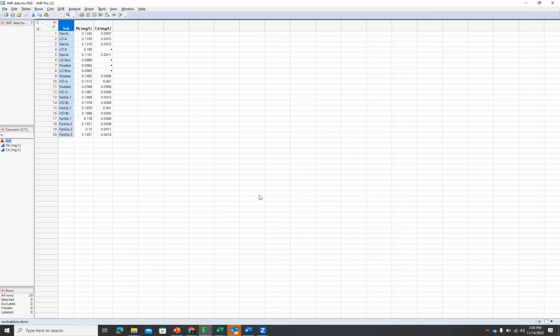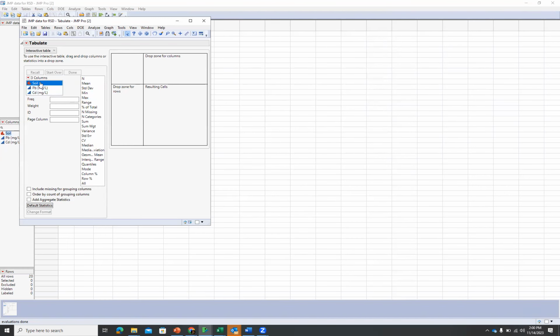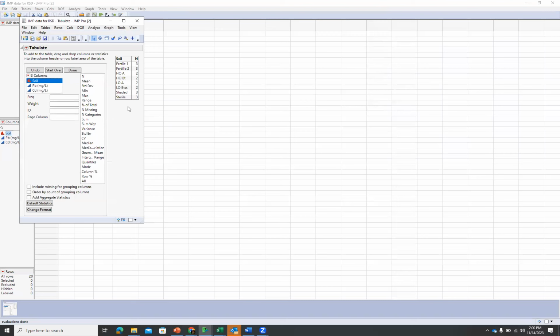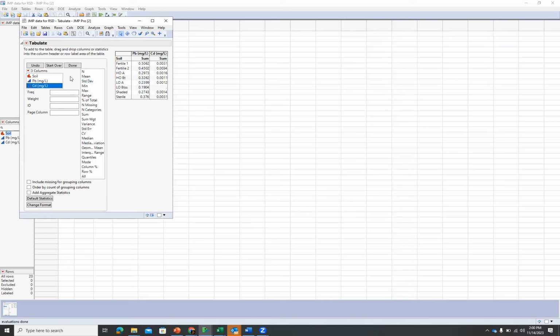Okay. I'll just show you this real quick. I know you've got to go, but I'll just show you real quick and we can revisit it later. I want relative standard deviation. I'm going to put my soil there, lead up there, and cadmium right next to it. If all I want is relative standard deviation, that's the same thing as the CV.